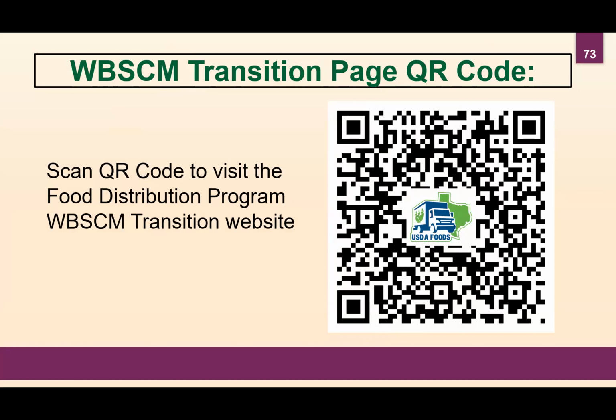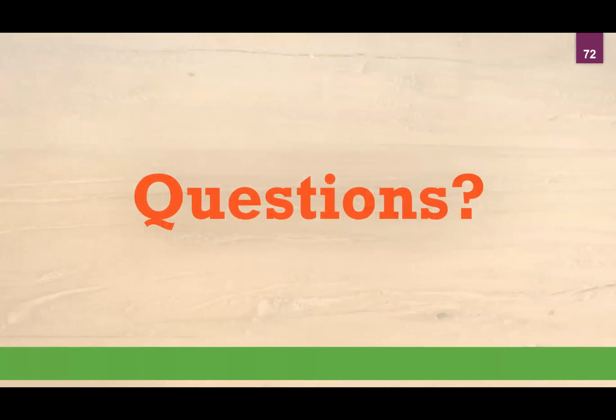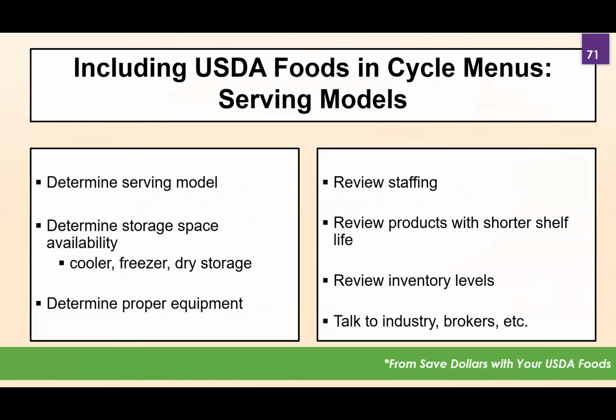Can I go over the sodium limits again for multiple entrees? Let's see which slide. So again, you're using your average. So it'd be the same way you figure out your calories.